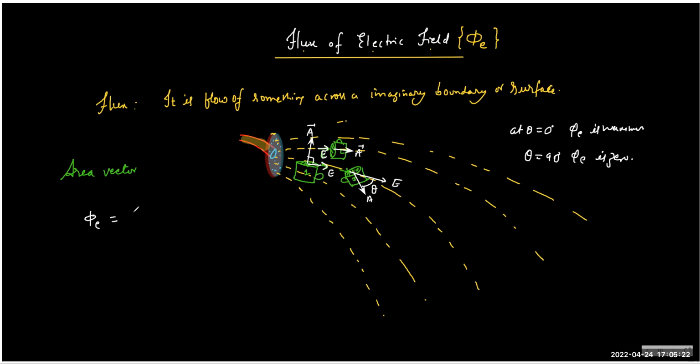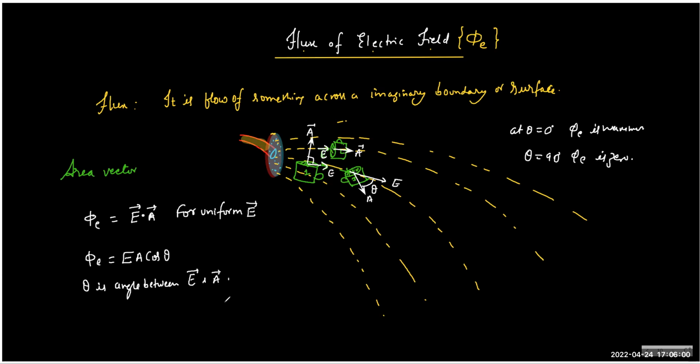The flux is nothing but the dot product of E with the area vector, and this is true for a uniform electric field. You can also write it as EA cos theta, where theta is the angle between the E vector and the A vector. Okay. Yes.